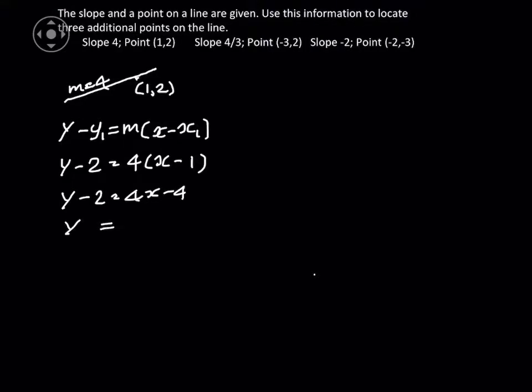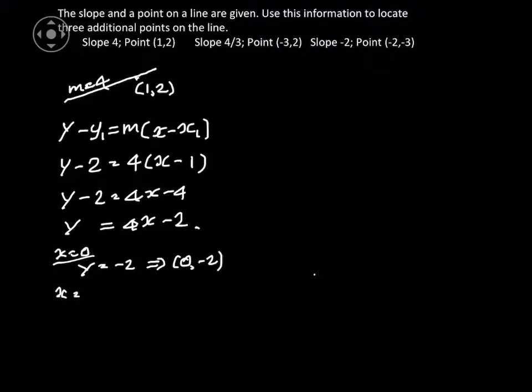So y equals 4x minus 2. This is the equation. Now you can use any 3 x values. I use x equals 0, then y equals negative 2. Therefore we know one point, (0, negative 2).